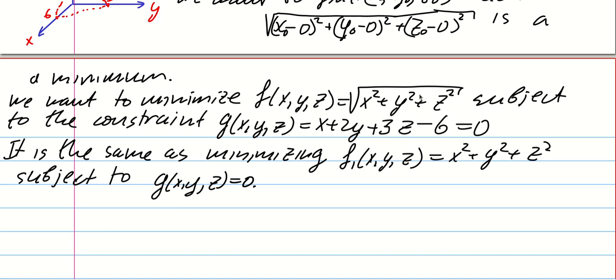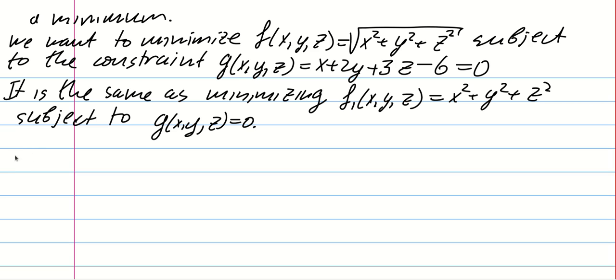People minimize the inside of the square root because they get the same minimum and maximum. All right, we discussed it a little bit before.